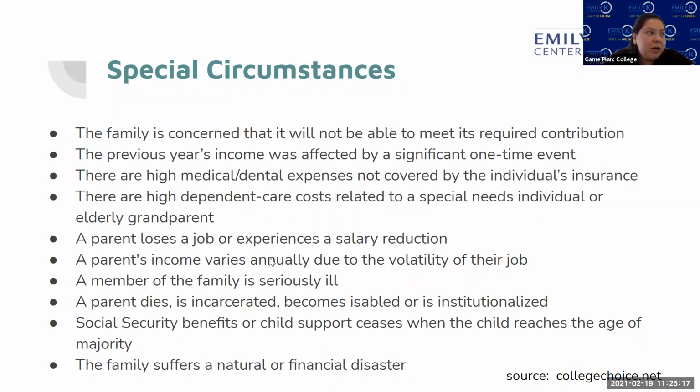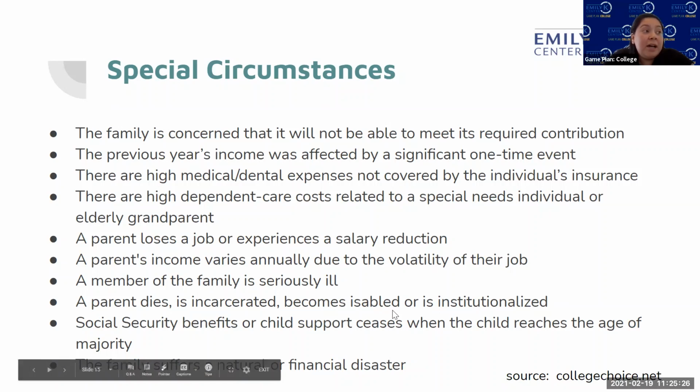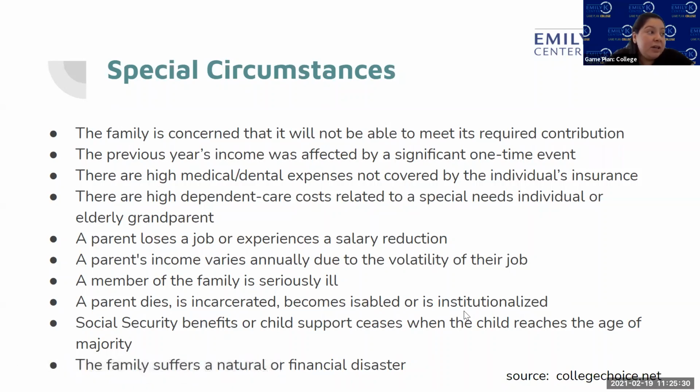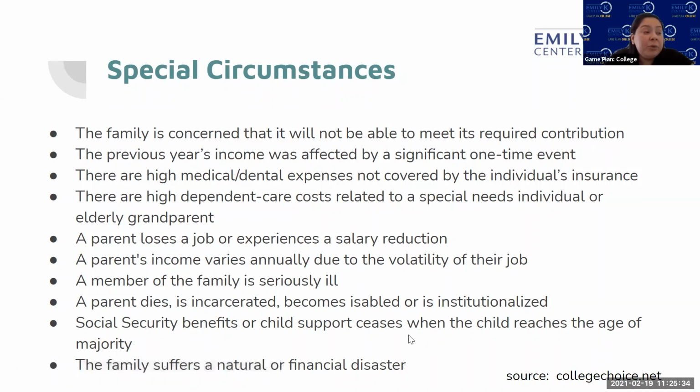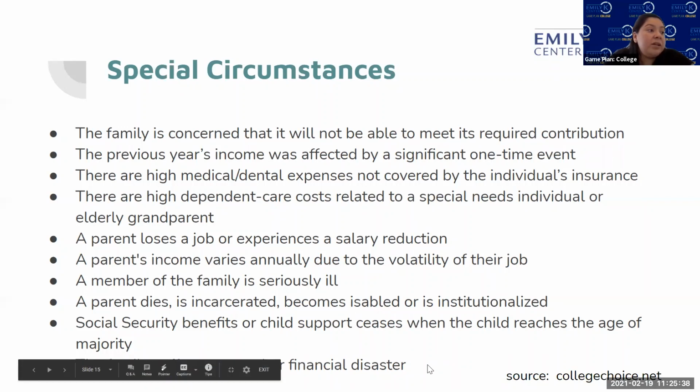We talked about losing a job, or if your parents' income varies drastically from year to year, if someone is seriously ill, if a parent dies, becomes incarcerated, becomes disabled or institutionalized, if you relied on Social Security benefits and they stopped, or if you relied on child support, or if there was a natural or financial disaster. So those are special circumstances.